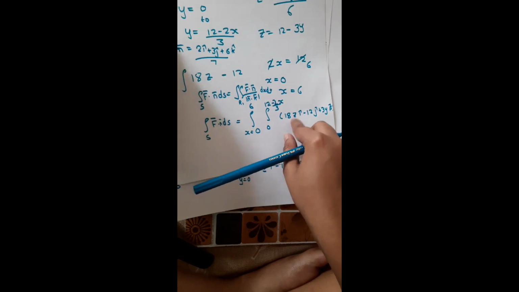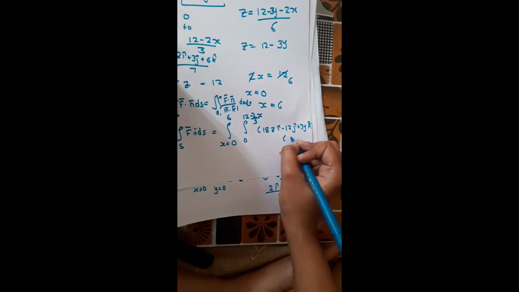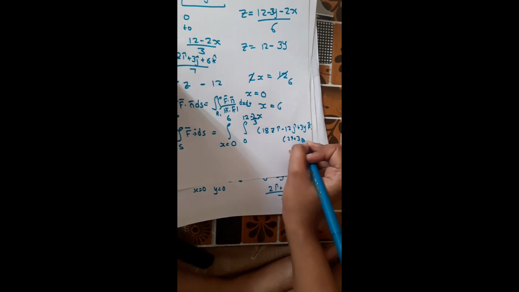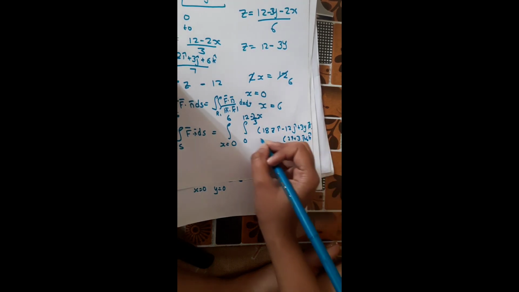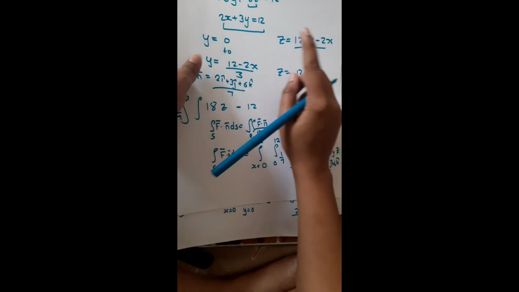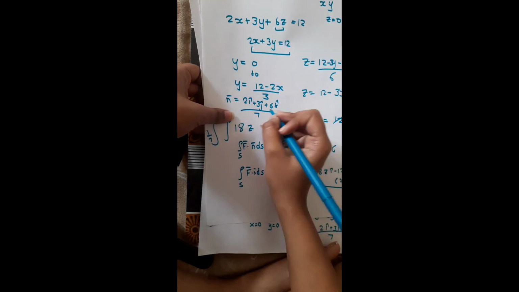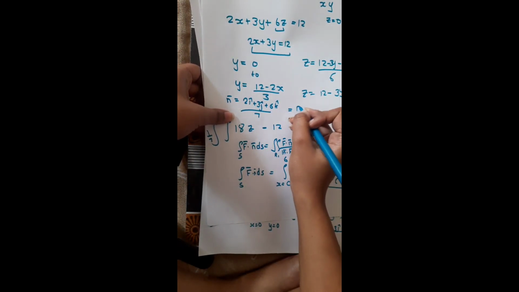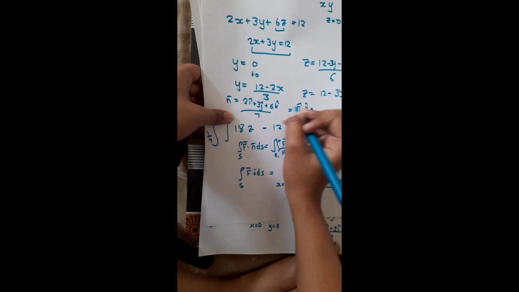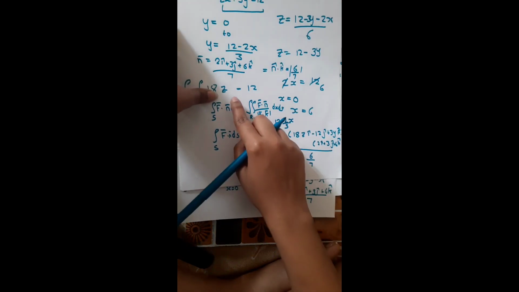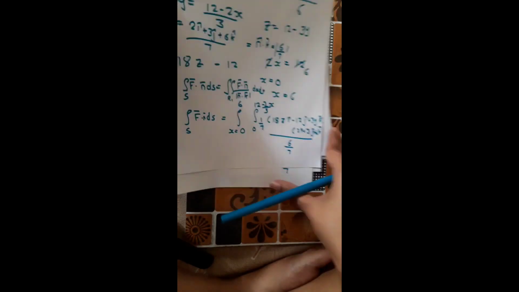So this is F bar dot n bar, upon n bar dot k bar. What would be n dot k? Only the k part would come, so n dot k is equal to 6 by 7, and we need to take the modulus. So 6 by 7 would be in the denominator according to the formula. I'll solve this question for you completely. For the rest, I'll just give you hints.